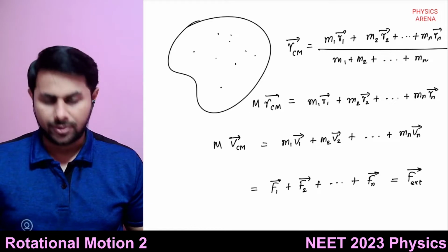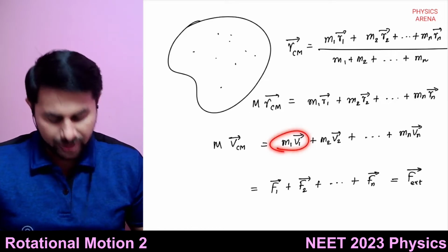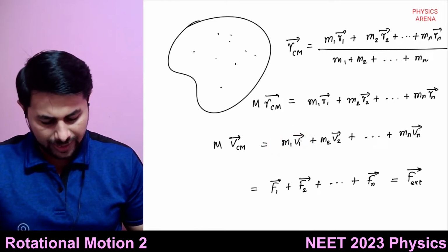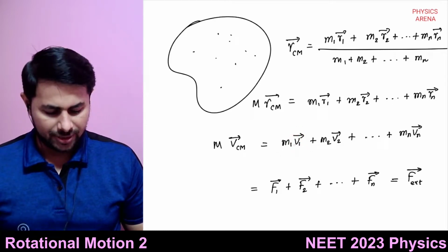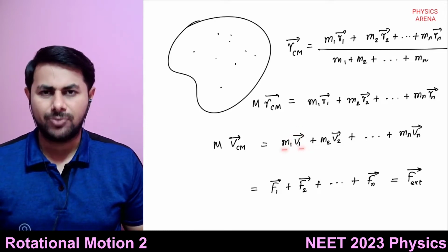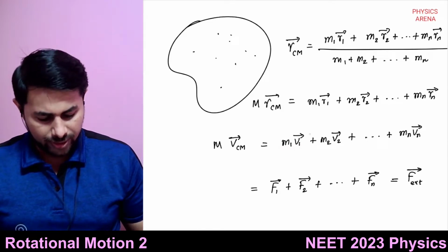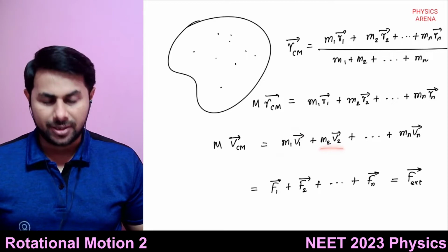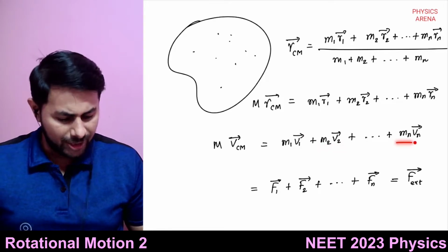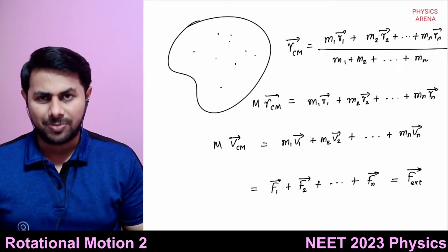If you take one more derivative of this with respect to time, dv by dt is acceleration, so mass times acceleration is force. This will be the force acting on the first particle, the force acting on the second particle, and so on up to plus the force acting on the nth particle.